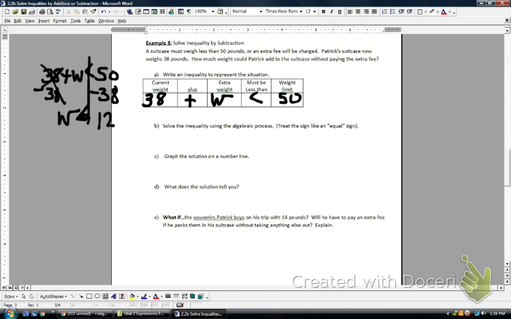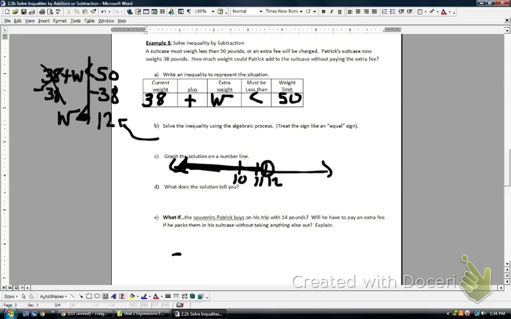All right, so it says solve the inequality using the algebraic process. I did that right here. Graph the solution on a number line. So I have, all right, it's an open circle because it's less than, and it's all numbers to the left.